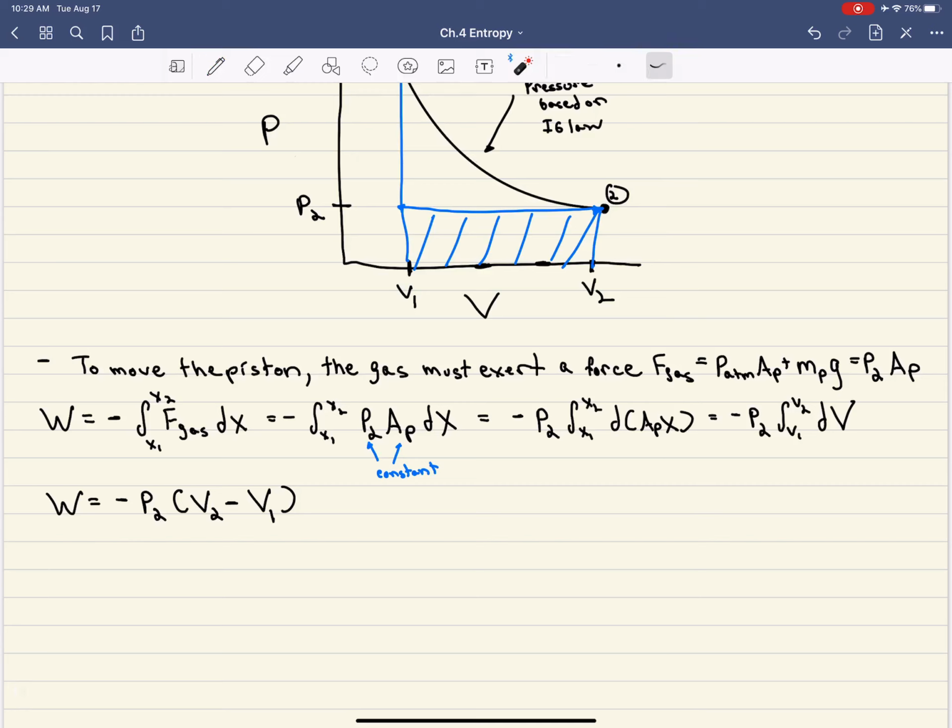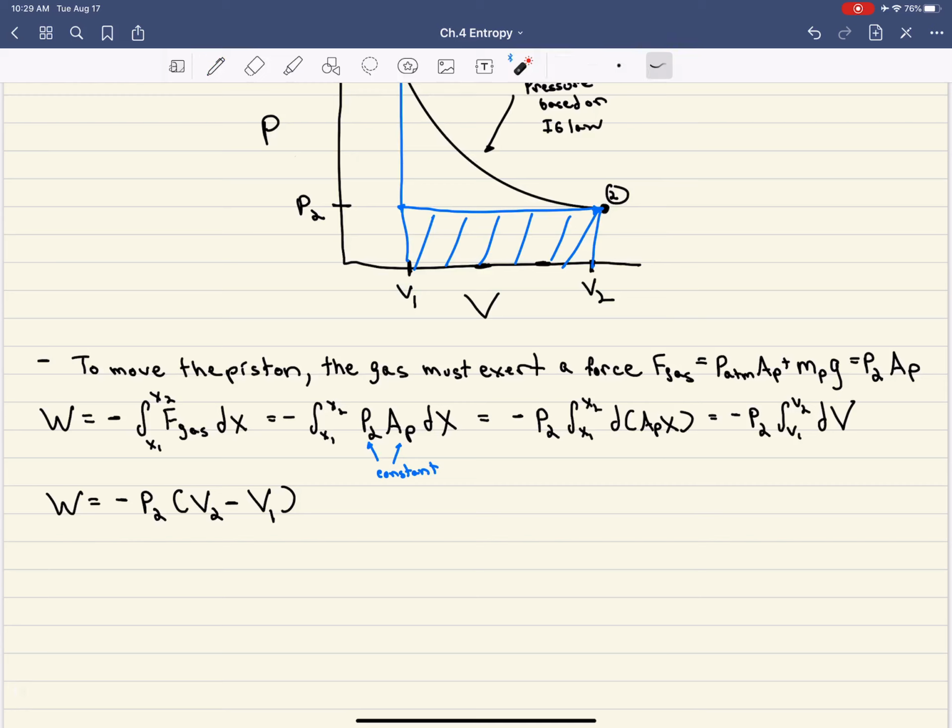It's not equal to the entire area underneath the curve here. And so what we can see already is that the work we get from this rapid expansion is less than the work we got when we had that quasi-static isothermal expansion. Okay? All right, so that's one thing I wanted to highlight.